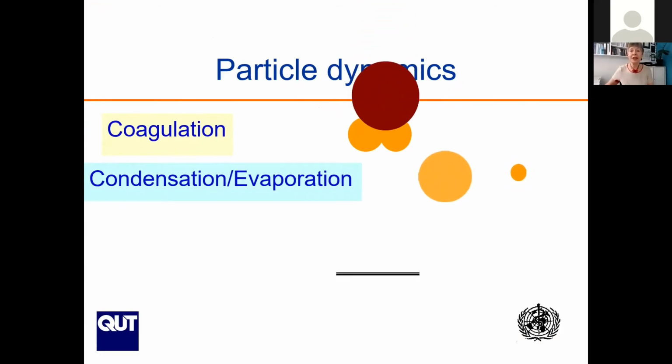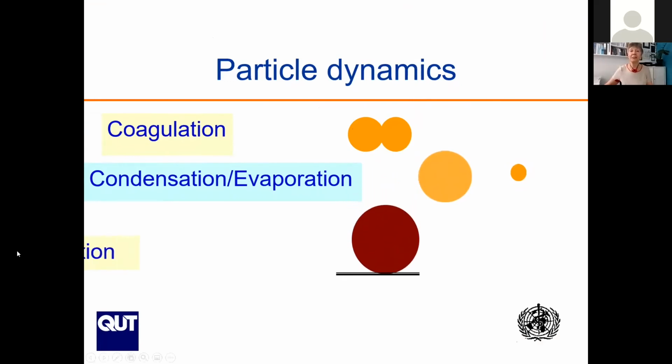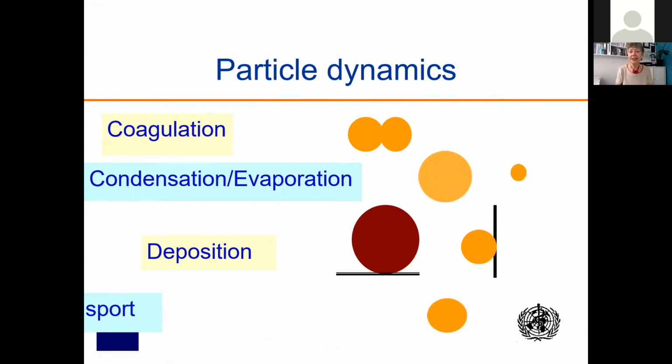Particles could shrink or expand as a result of condensation or evaporation. There's particle deposition on horizontal and vertical surfaces. And what is this? This particle goes around. This is transport. If there are any air currents, air flow, which transport this particle around.